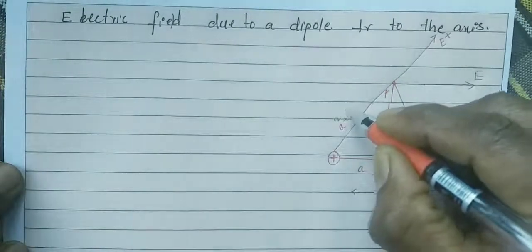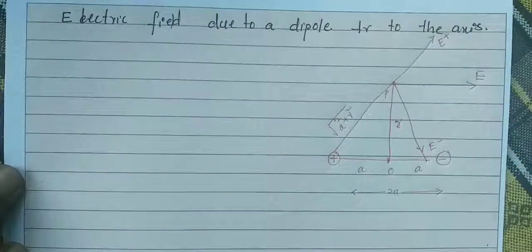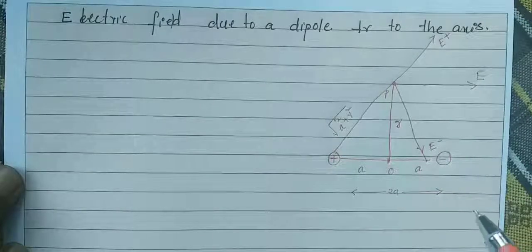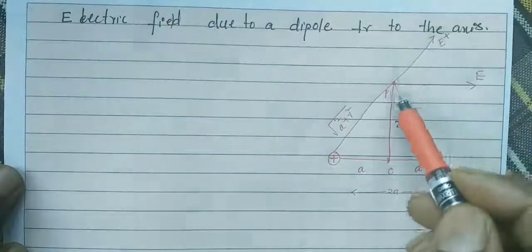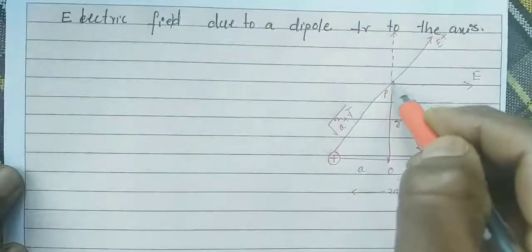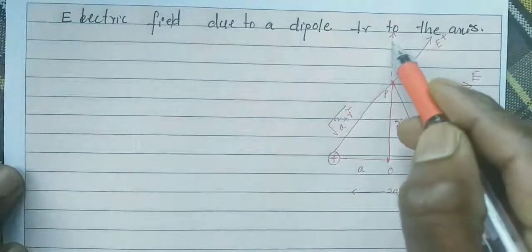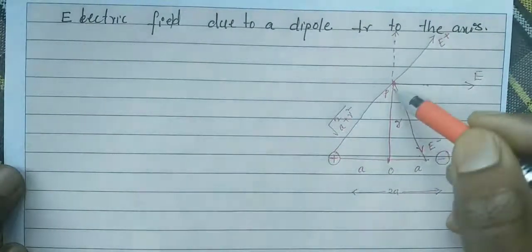Now just see, the square root of a square plus r square is the hypotenuse of that particular triangle using Pythagoras theorem. If a is half the distance of the dipole, then the square root of a square plus r square gives the hypotenuse. Now I am going to divide E plus into two components. One is along y axis, another one is along x axis. So E plus has two components. One will be cosine component and another will be sine component.